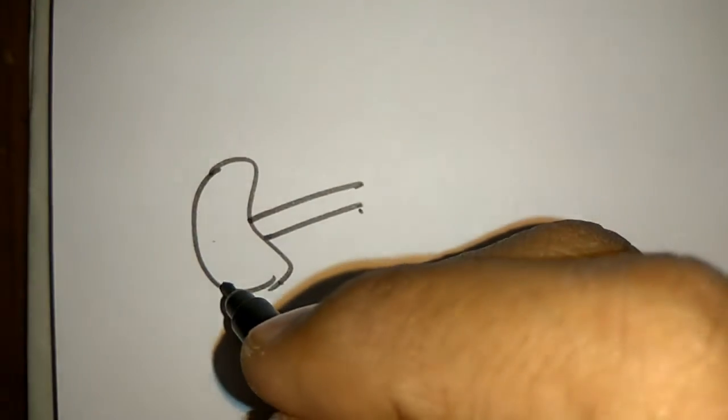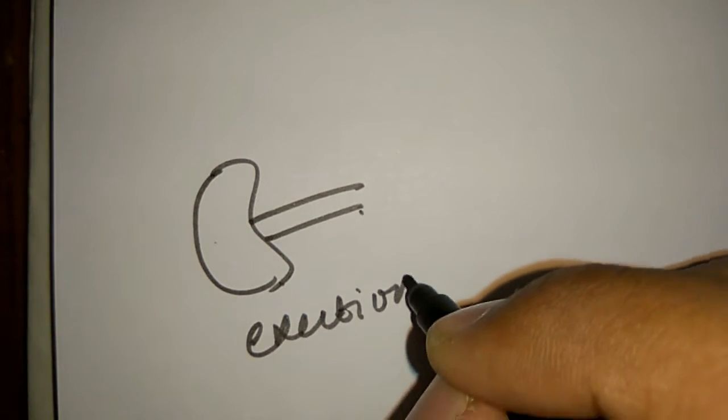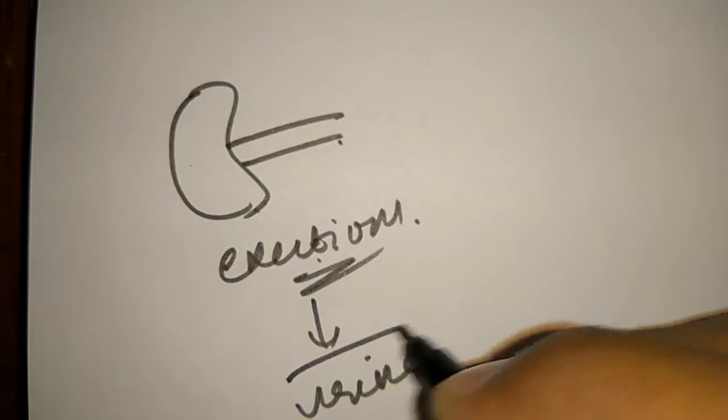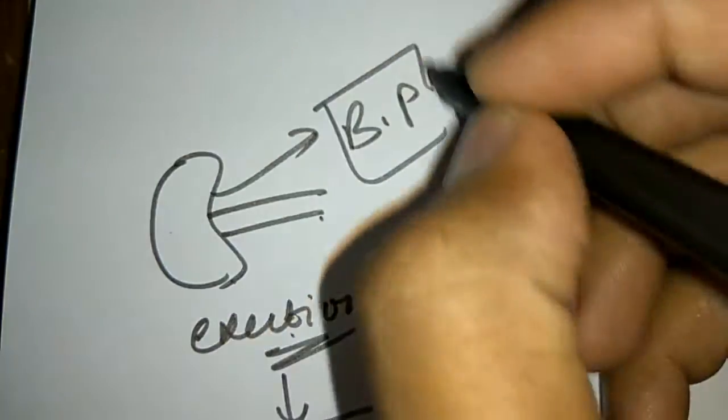And suppose this is your kidney. Your kidney, as you know, helps in excretion of wastes from your blood through urine, right? While doing this, the kidney also helps in maintaining your blood pressure.